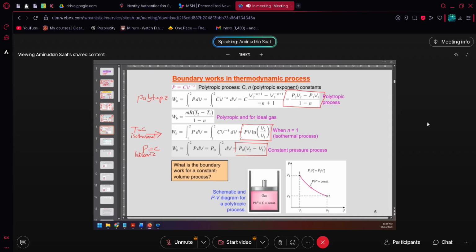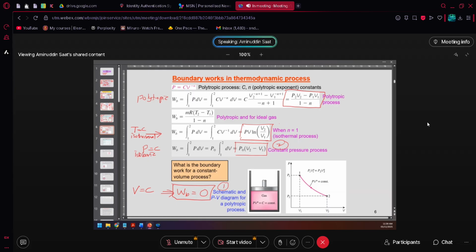So where is the other one? Oh, constant volume. For V constant, the WB equals 0. So you got 4: this is 1, this is 2, this is 3, this is 4.